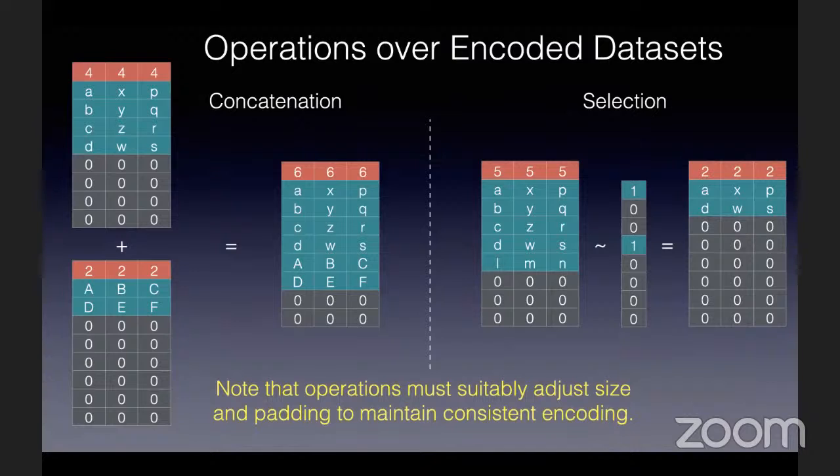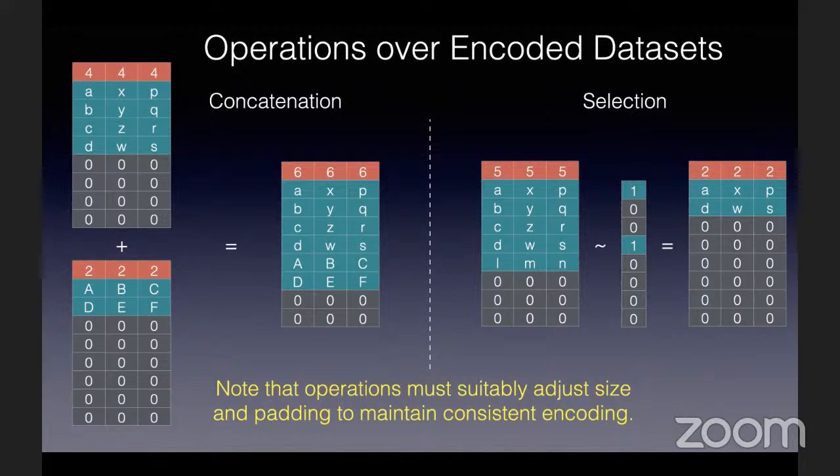But now, how do we verify some operations over data sets? Remember that data sets are encoded because circuits are rigid, so data has to be encoded into that fixed rigid format. So say we have a data set of size 4, and we concatenate it with a data set of size 2.